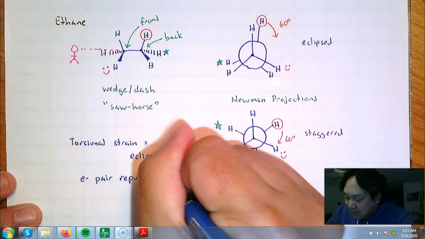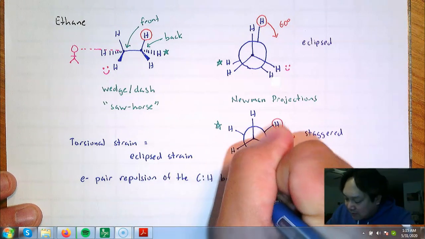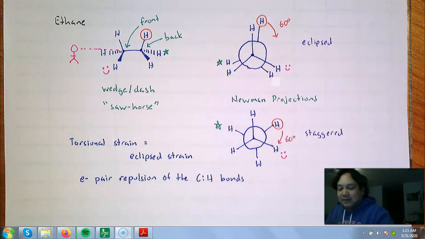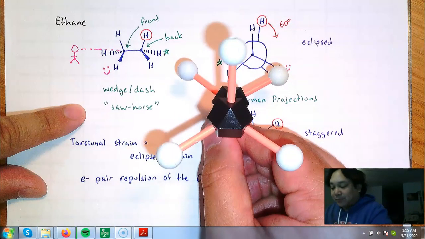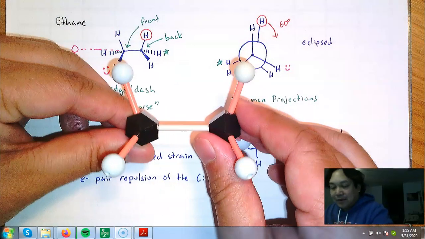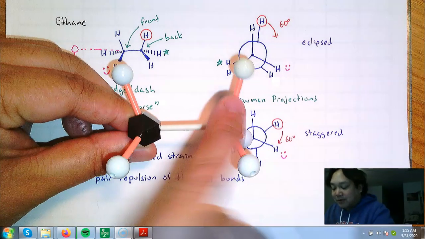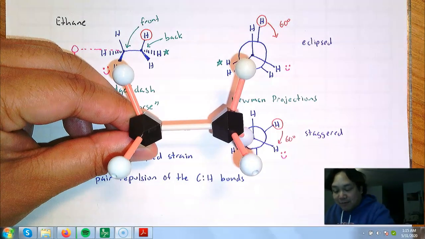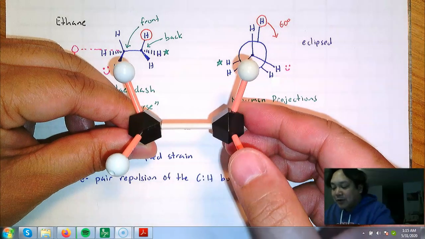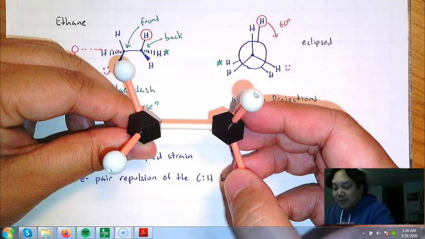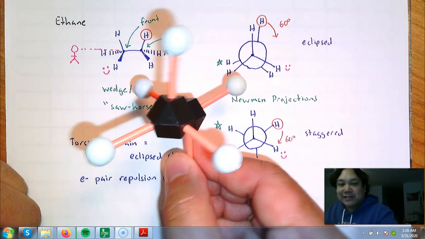Of the bonds. Of the CH bonds. Now it's a little bit subtle, but let's go back to the wedge dash view. Like that. So I'm talking about the repulsion between these two electrons of the bond and these two electrons. There is a little bit of repulsion. To sort of lessen that repulsion, we skew it, and that bond gets a little bit further from this bond. And what is that conformation? It's staggered.